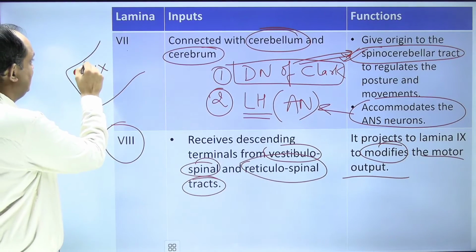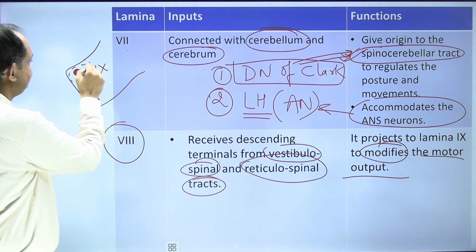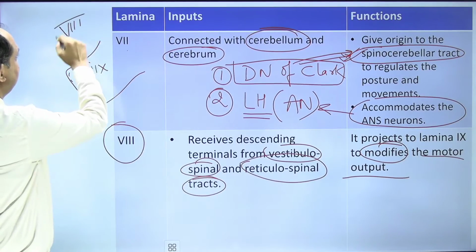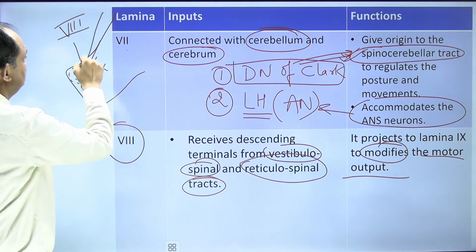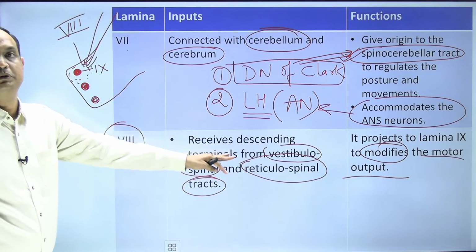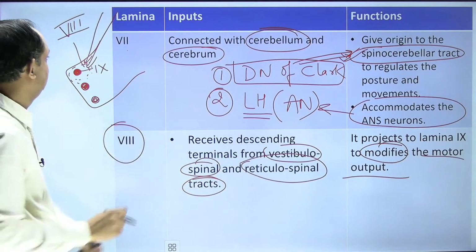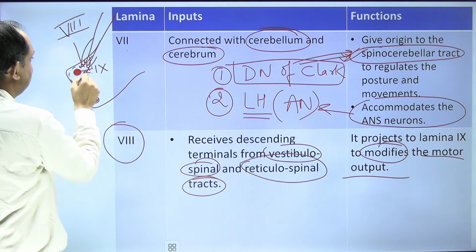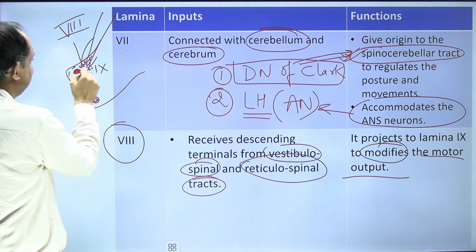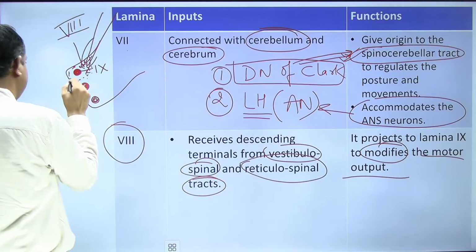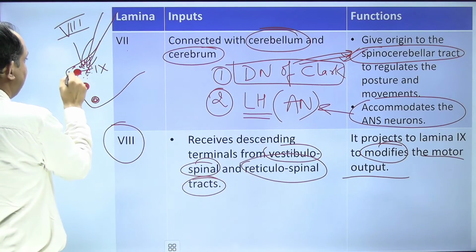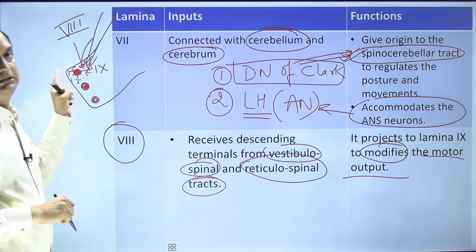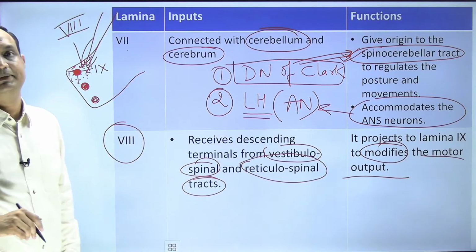Now this 9 is surrounded by the 8. Now this 8 is receiving the fibers from the vestibulospinal and reticulospinal tract. These fibers of the descending tract will project into Rexed lamina 8, and then the fibers of Rexed lamina 8 will modulate the output from this medial motor neuron of Rexed lamina 9.